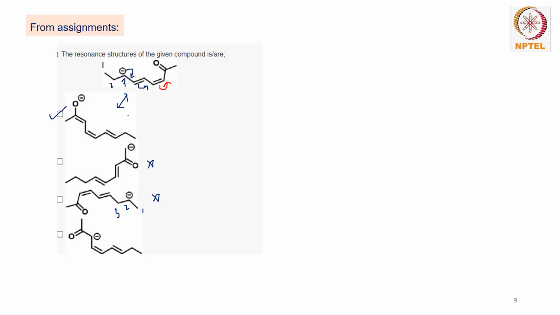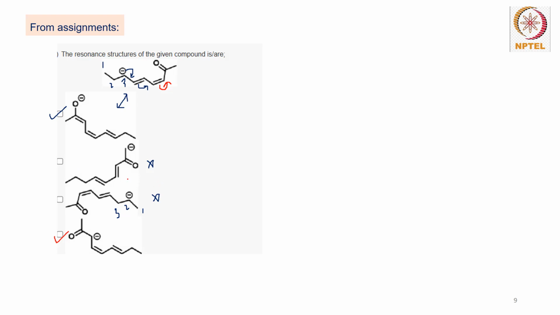This pi bond will shift here, but this pi bond, instead of going this side, will be at the negative charge. Then we get this one as our structure. So which will be our answer? No, not 1 and 4, not 1, 3, 4. It will be 1 and 4.